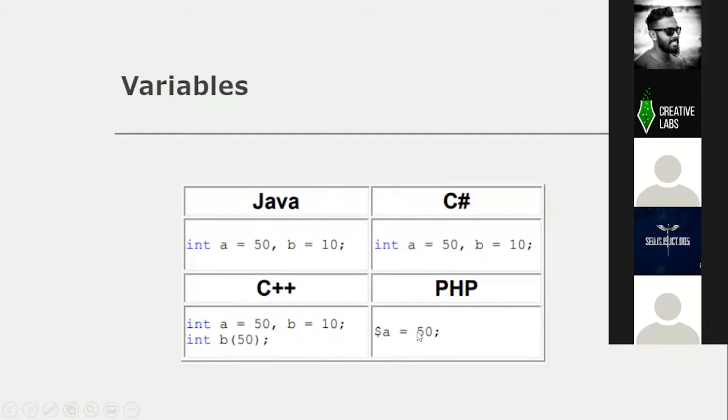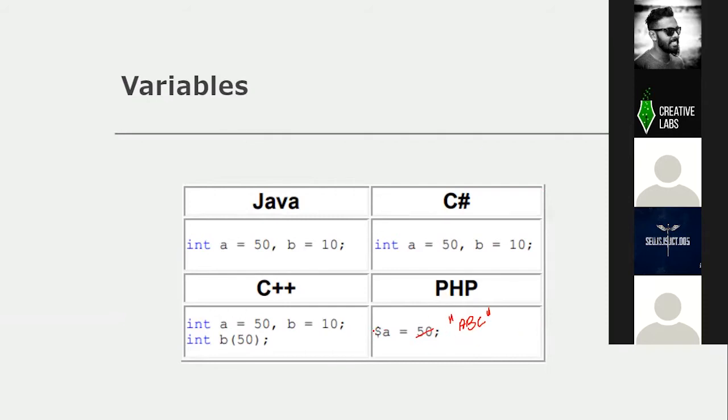If we remove this 50 and provide some string, maybe ABC, right? PHP is somewhat like Python. PHP also uses interpretation, not compilation.